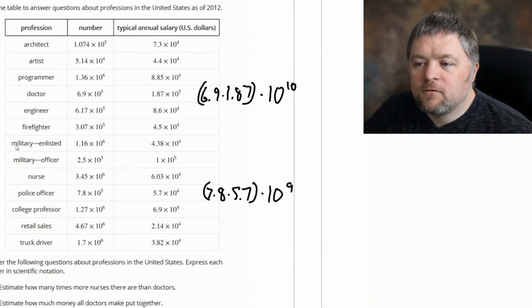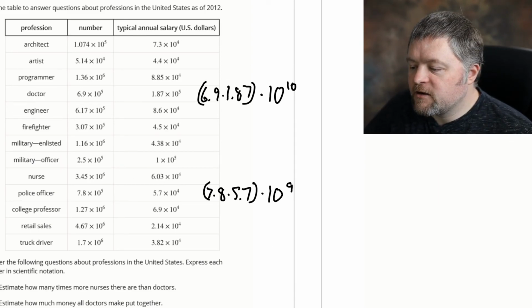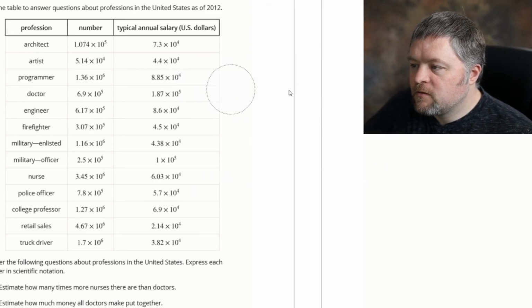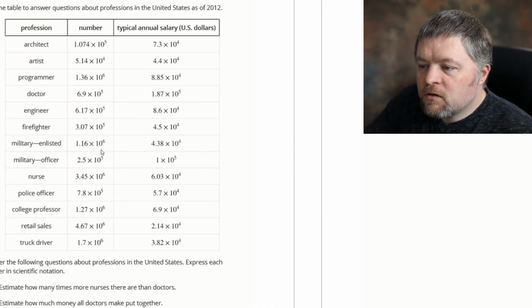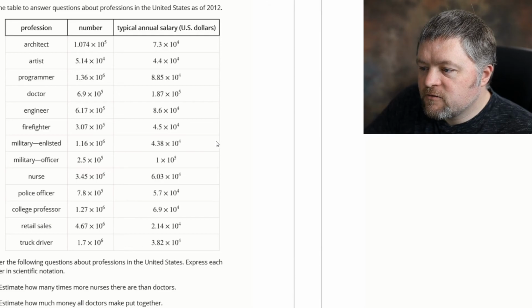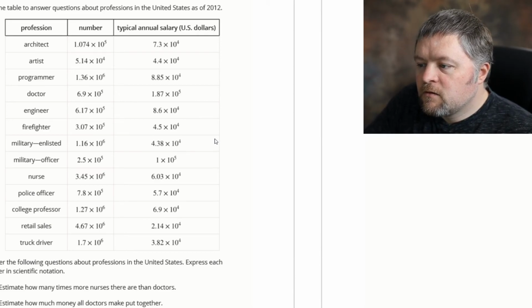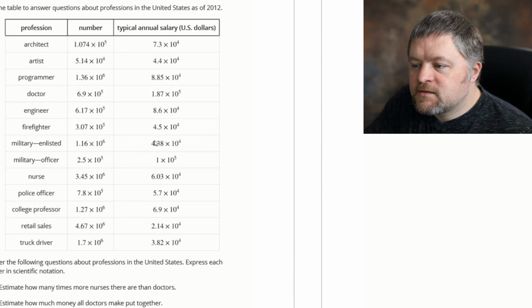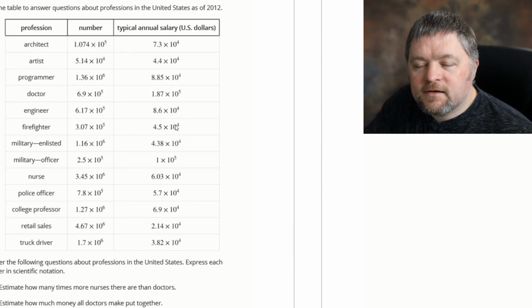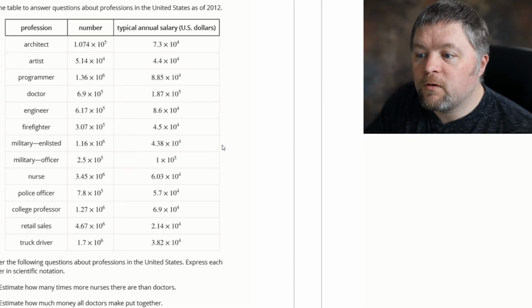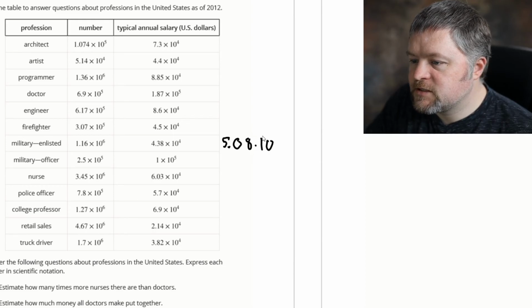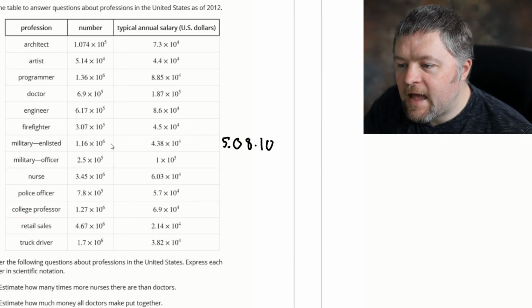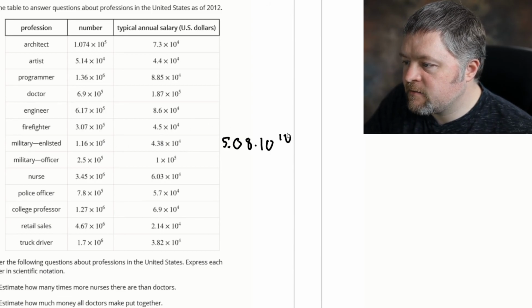So, we have military enlisted and military officer. We want to figure out which group makes more money as a whole. So again, multiply these through. 1.16 times 4.38 is 5.08 times 10 to the power of, add the exponents, 6 plus 4 is 10.